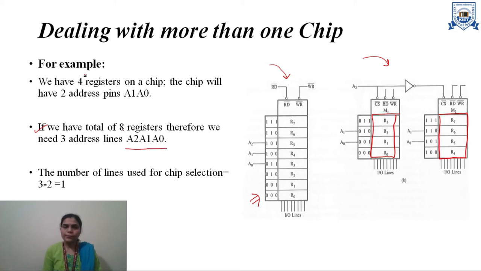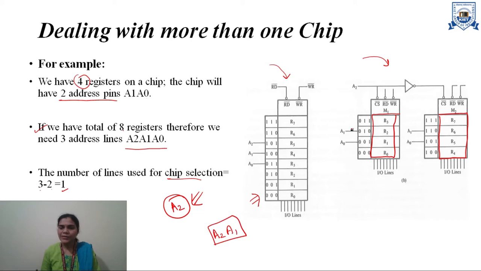And for 4 registers, we will have 2 address lines, A0, A1. So now we will see how many lines will be required to select a chip. We will have 3 minus 2 equals 1. So the A2 pin will be used as the chip selection pin.